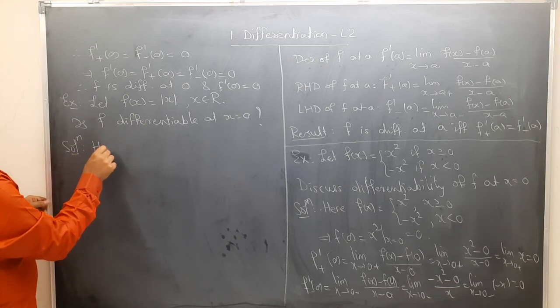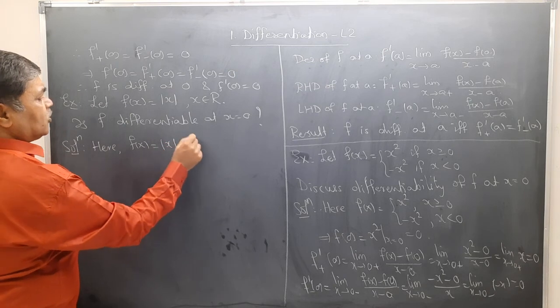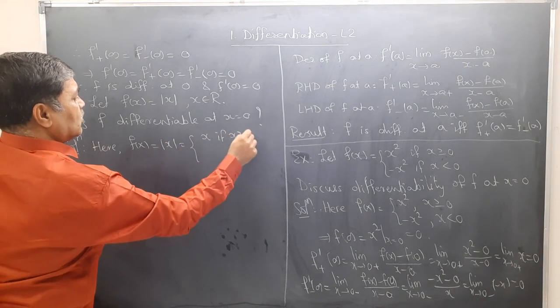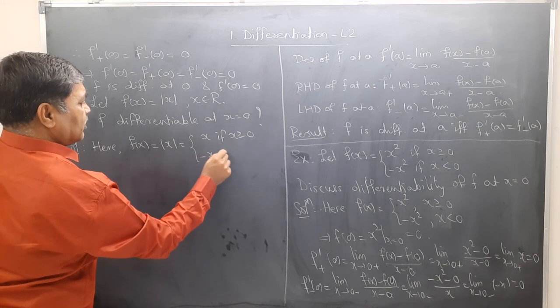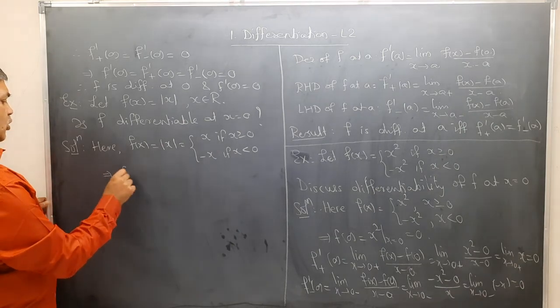Here f(x) is equal to mod x. So by definition of mod x, it is nothing but x if x is greater than or equal to 0 and minus x if x is less than 0, which implies f(0) is 0.